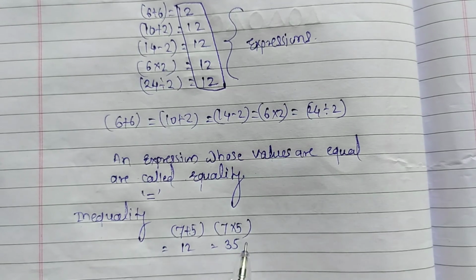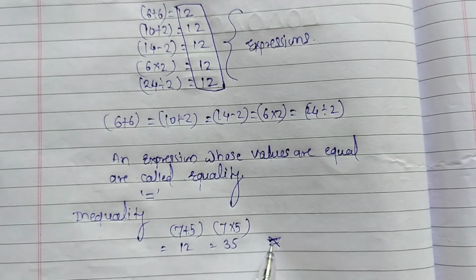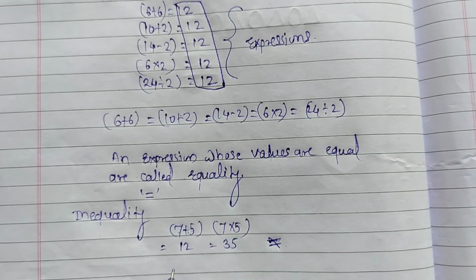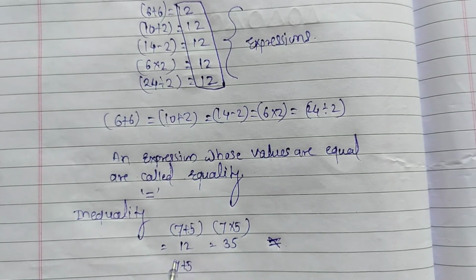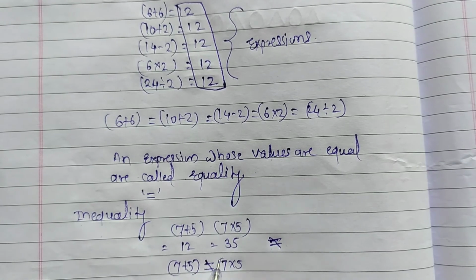Here we get two different values. It means that they are not equal. To represent not equal, this type of symbol is used. So we can write it as 7 plus 5 not equal to 7 multiplied by 5.